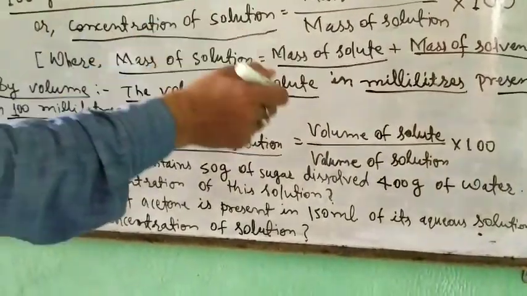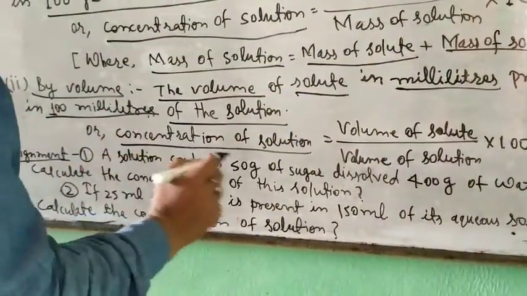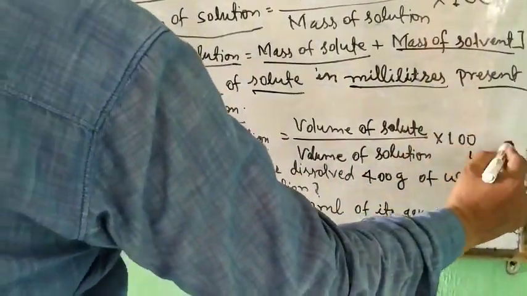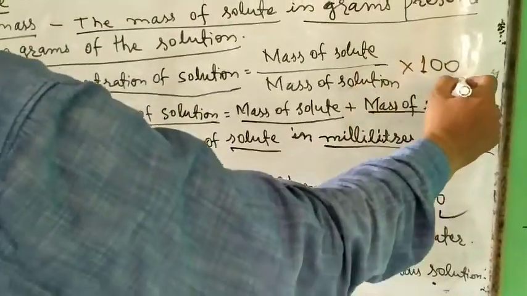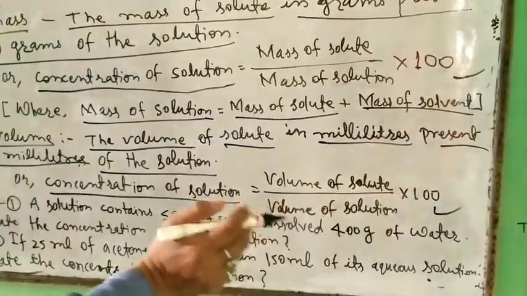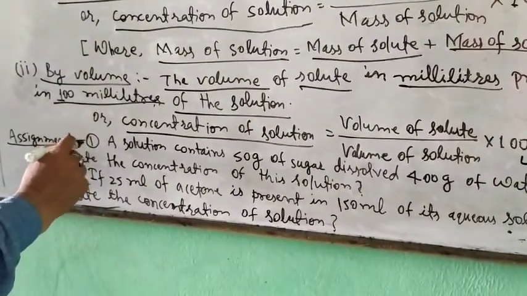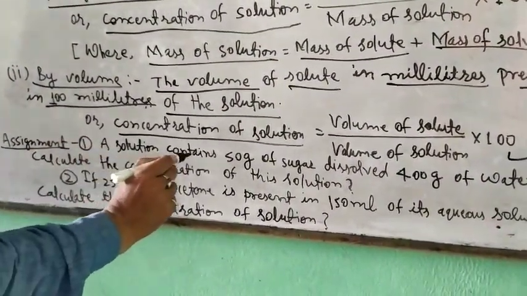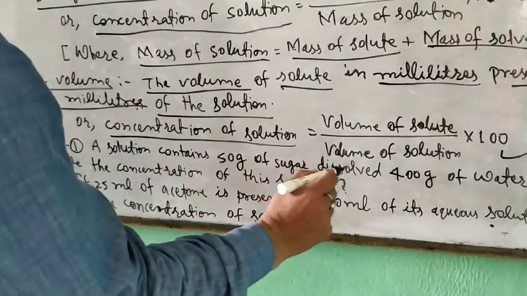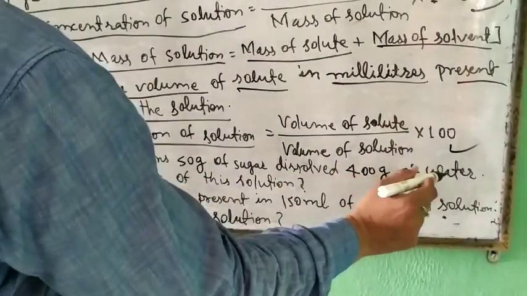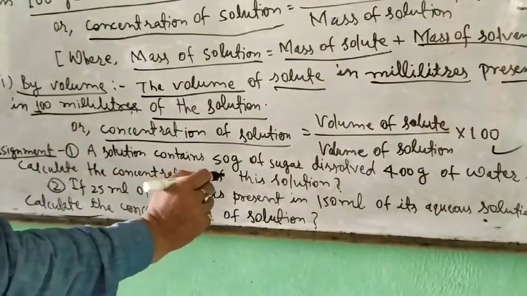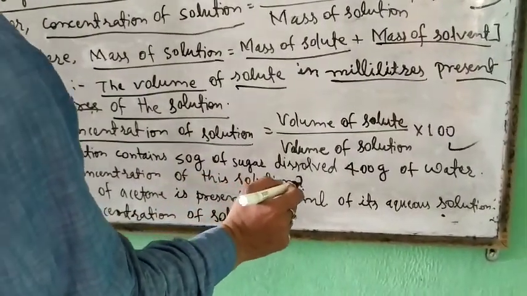On the basis of these two formulas, you solve the given assignment number 1. A solution contains 50 grams of sugar dissolved in 400 grams of water. Calculate the concentration of this solution.